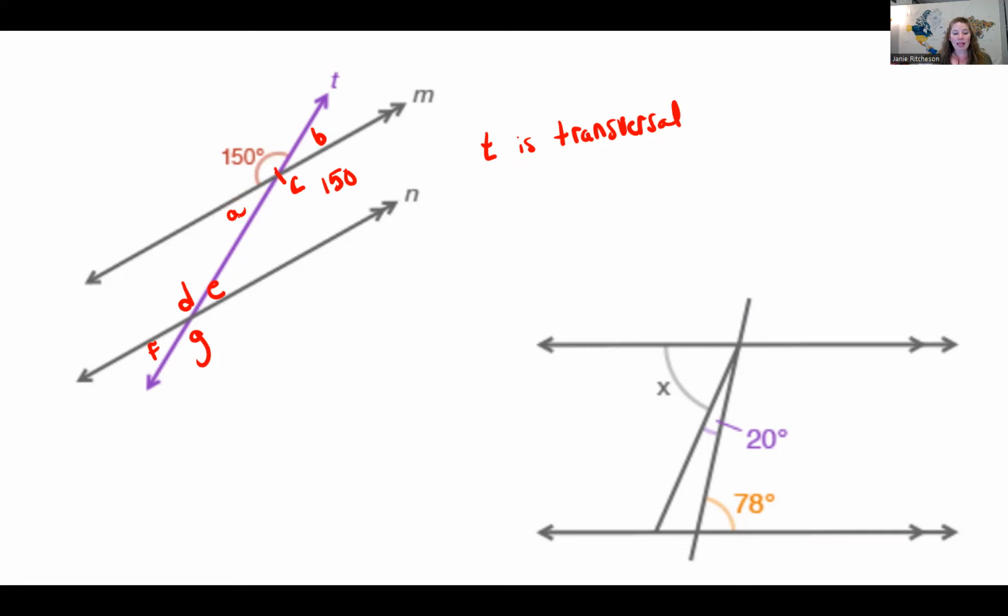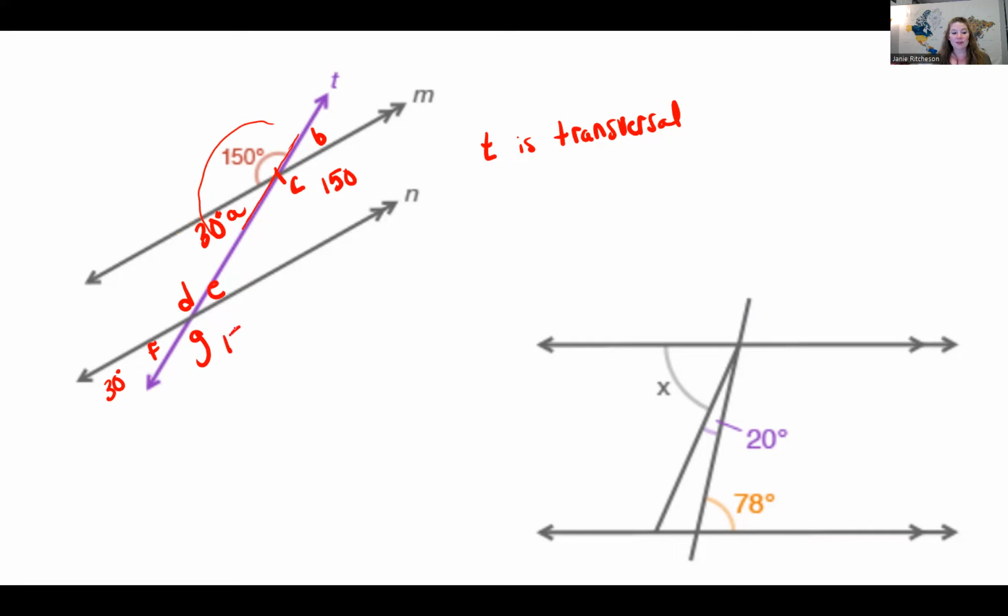All right, what about angle A? Can you tell me what angle A is? Well, hopefully you noticed that the 150 angle and angle A form a straight line, which means that these two angles are supplementary and that angle A must be 30 degrees. If angle A is 30 degrees, angle F is 30 degrees because they're corresponding angles. Well, what about angle G?